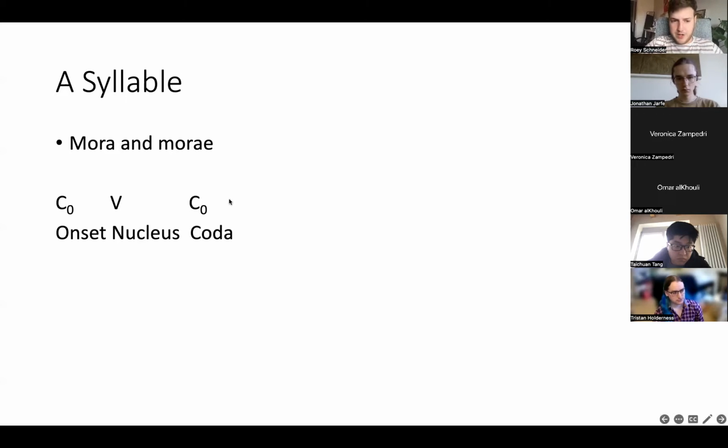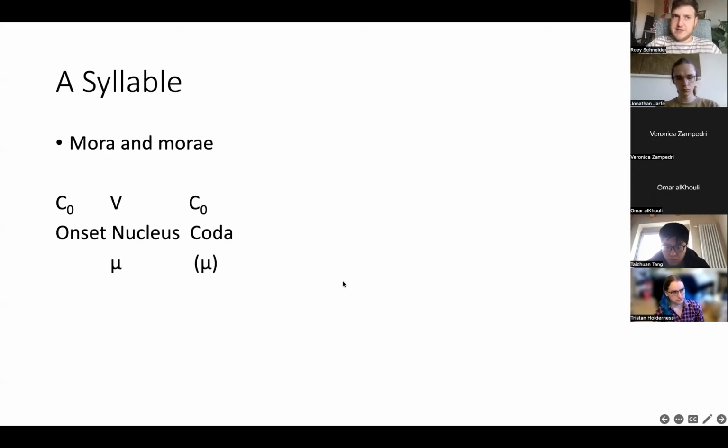And a coda, which is the end of the syllable, which means it can also be one or more consonants or not exist at all. So a syllable can be just a vowel, but it can also be consonant, vowel, consonant. It can also be consonant, consonant, vowel, consonant, consonant, and so on. Is that clear?